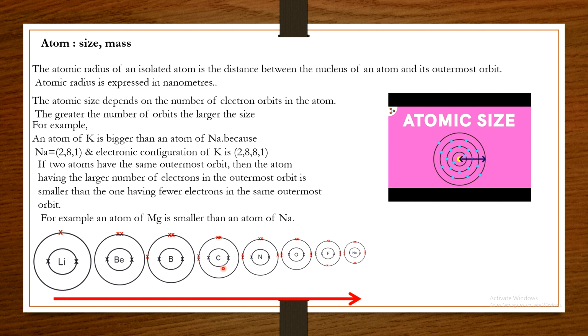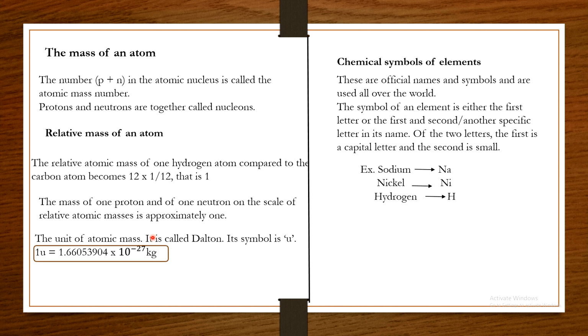So if the number of orbits is the same, then the atom having fewer electrons in the outermost orbit is bigger in size. Okay, so this is called atomic size.